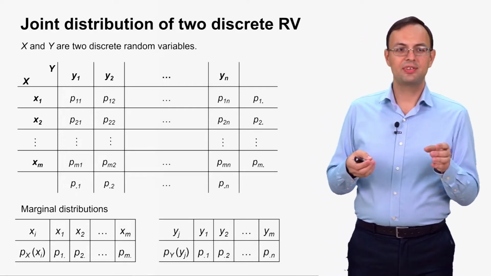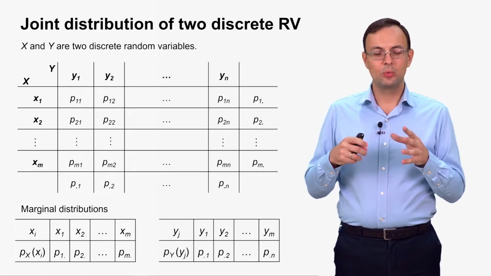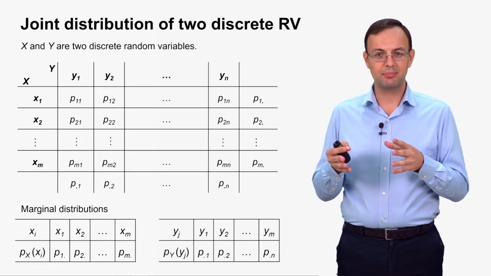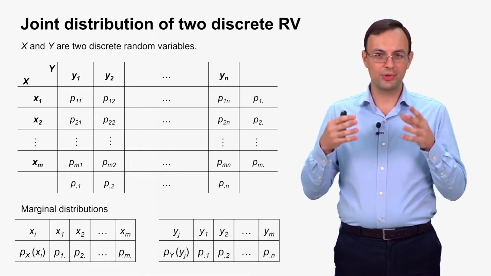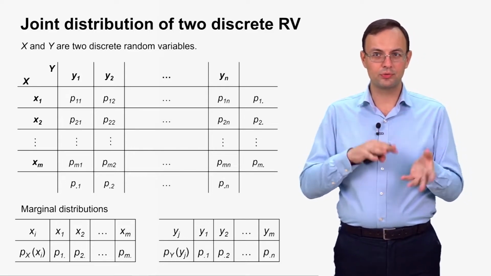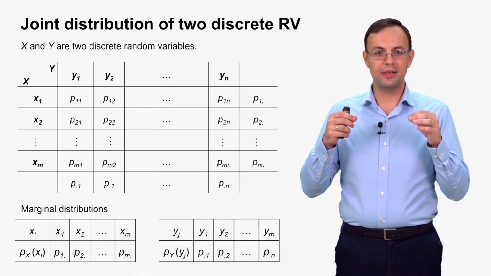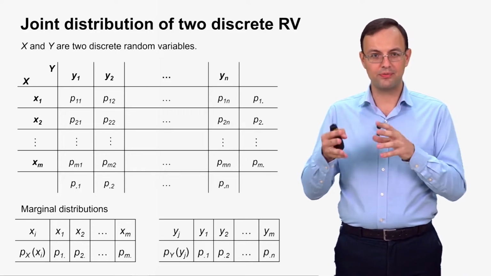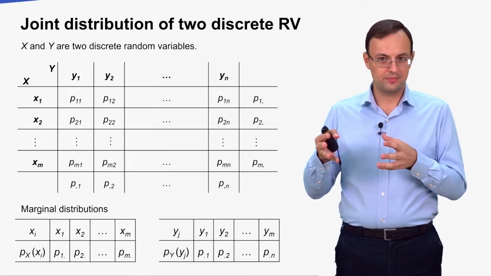This is just a matter of terminology. If we deal with a joint distribution of two random variables, not only discrete, and we find the own distributions of x and y, we call them marginal distributions.